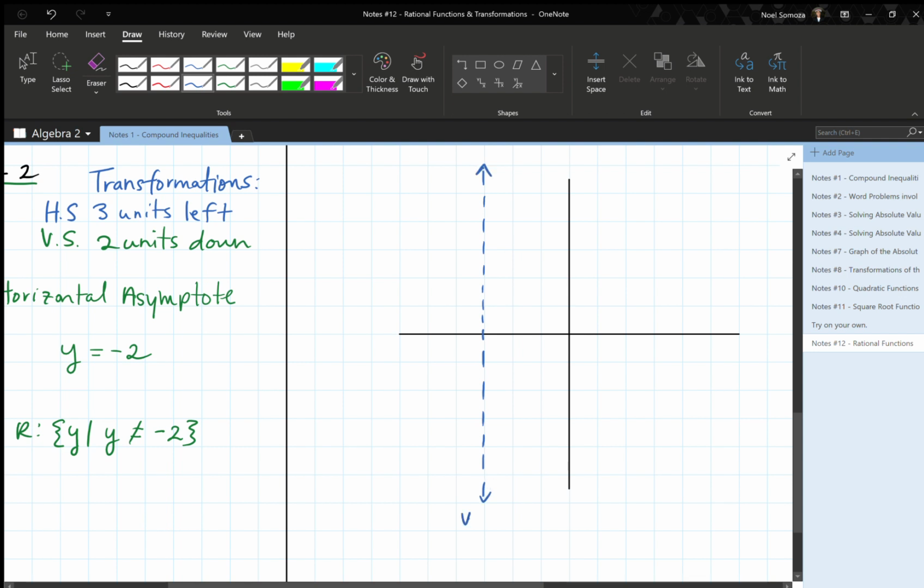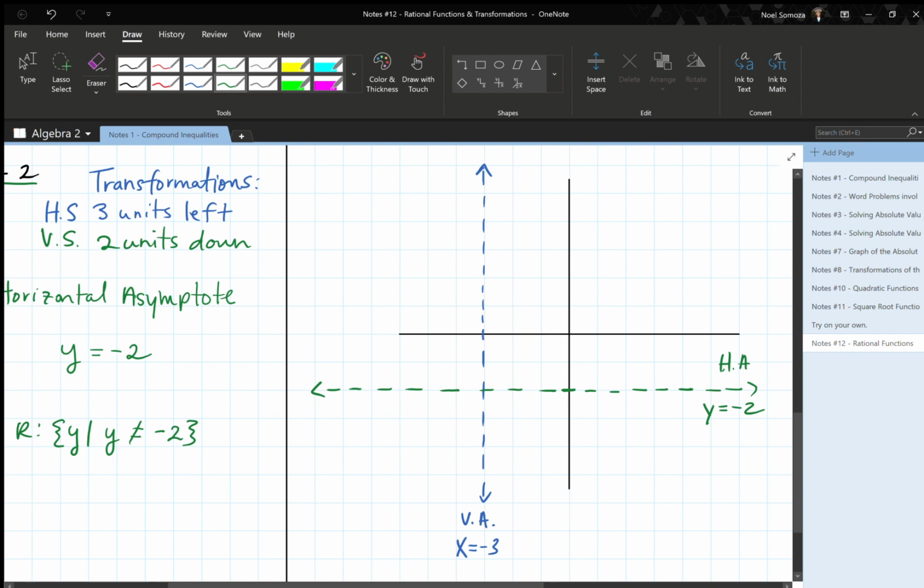We can label this VA, vertical asymptote, x equals negative 3. And then I have a horizontal asymptote at negative 2. So at negative 2, right here, we can draw a horizontal line there. So this is HA at y equals negative 2.